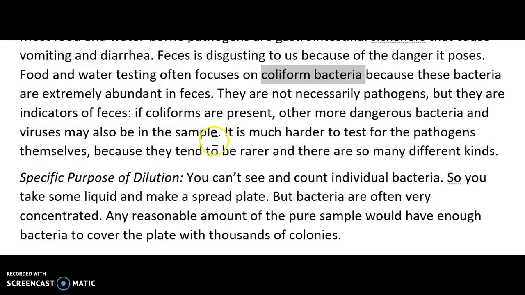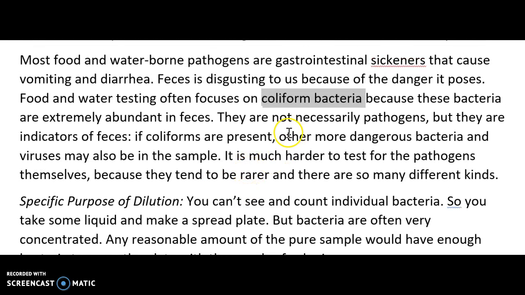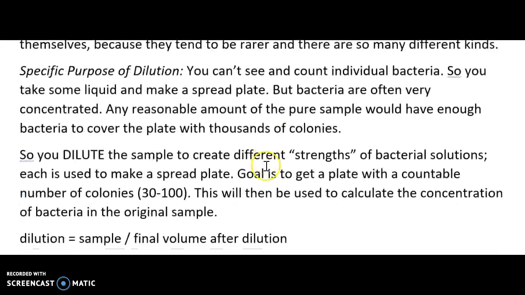It's hard to test for those pathogens directly because they are often kind of rare, and there's so many different possible kinds. You don't know what might be circulating in the community, and so you don't know what to look for. Instead, we look for something that is always present in high abundance in feces, and those are the coliforms.